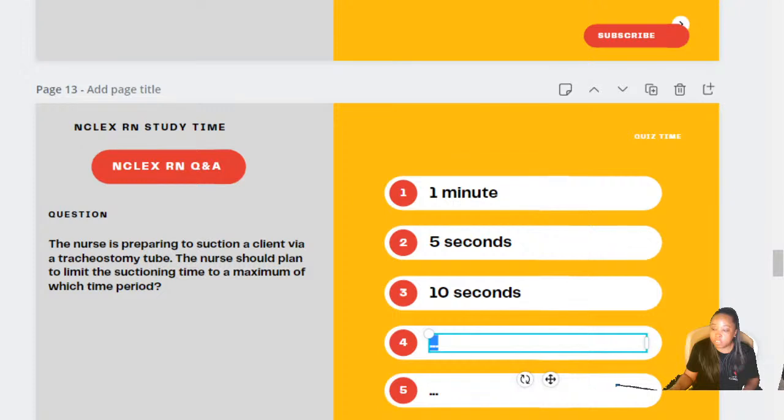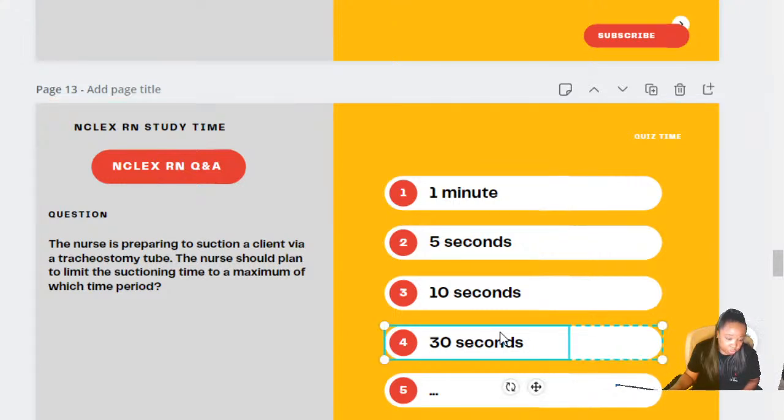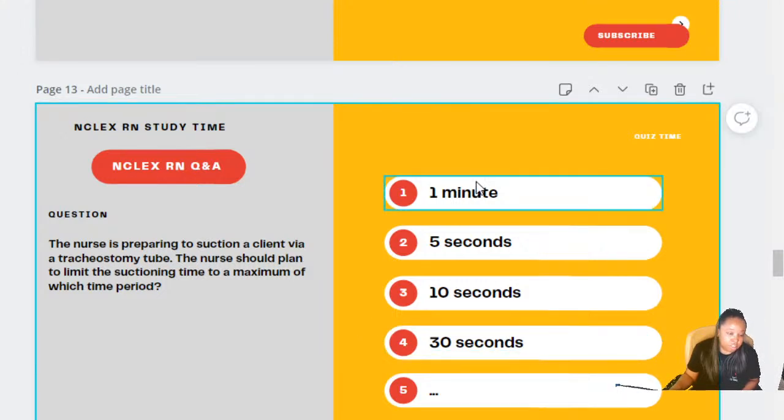And the fourth one says 30 seconds. 30 seconds is too much. You cannot suction a patient for that amount of time. It's too long. Okay? So we eliminate 30. 1 minute is too long.